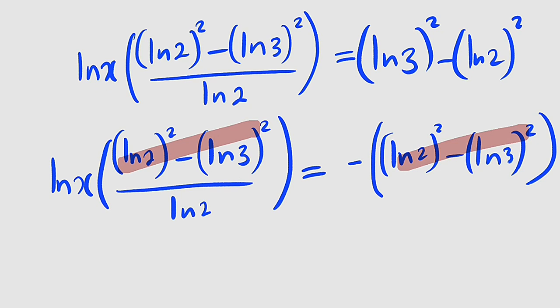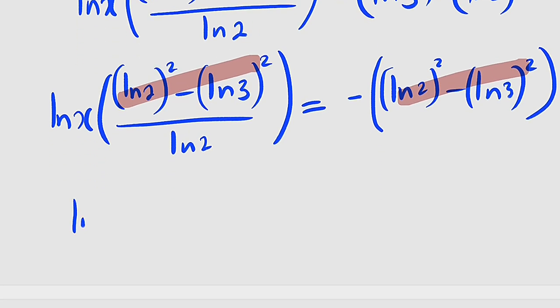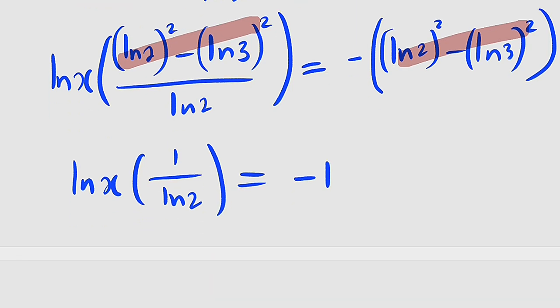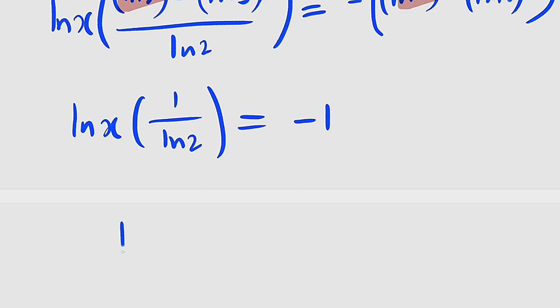So on the left hand side, we only have ln x multiplied by 1 divided by ln 2. And on the right hand side, we have negative 1. Now to get rid of this fraction, we can multiply both sides by ln 2. If you do that, you have ln x on the left, and this is equal to negative 1 multiplied by ln 2, which is negative ln 2.